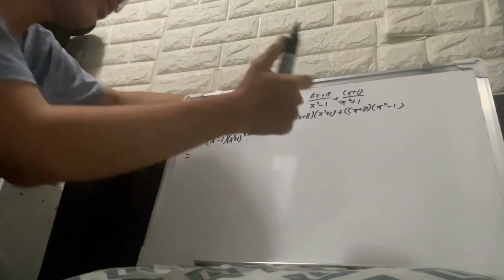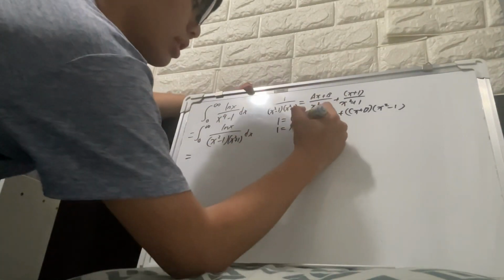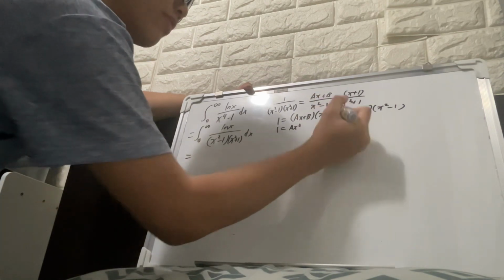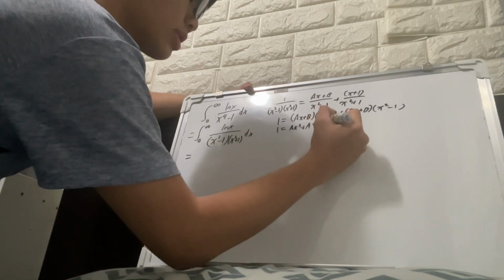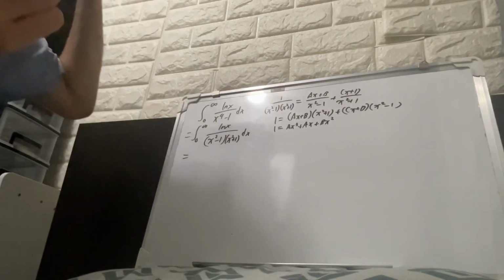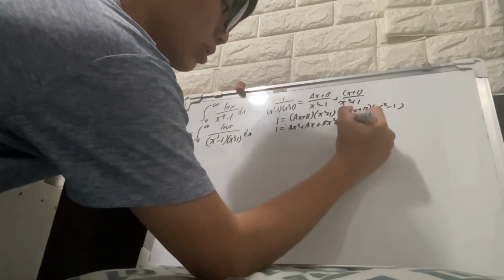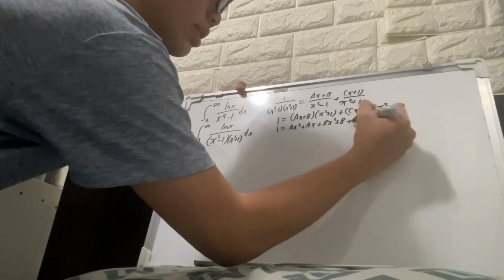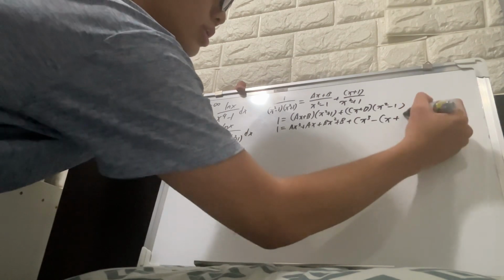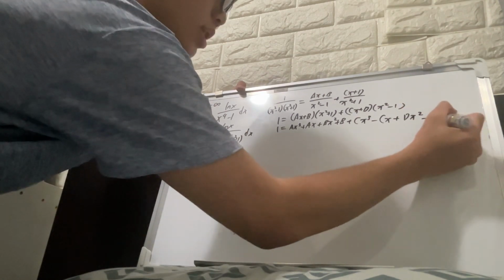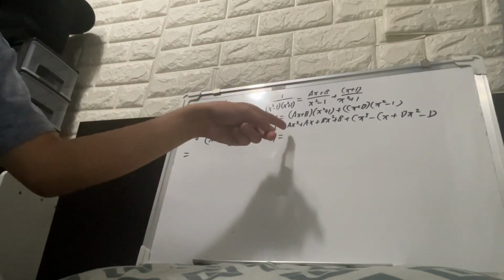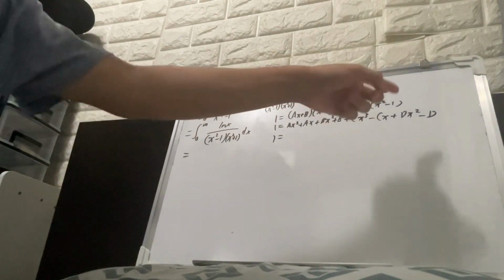So overall, just distribute it: you get a times x cubed plus ax, then b times x squared is bx squared plus b, and then cx cubed minus cx plus dx squared minus d.